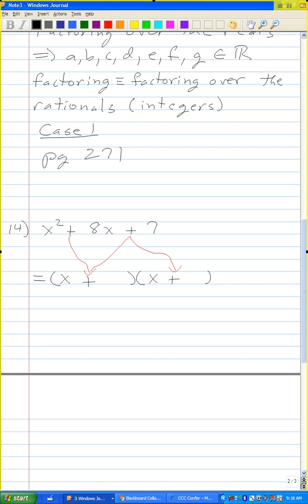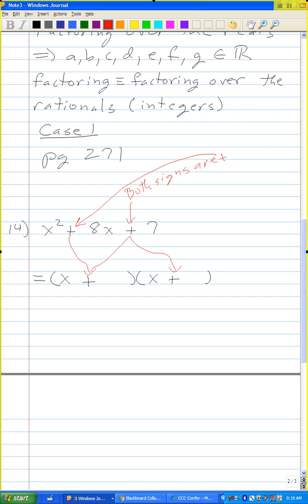So this means here that both signs are the same. Well, in this case, since there's a plus sign here, they're both positive. So both signs will be positive. Okay.